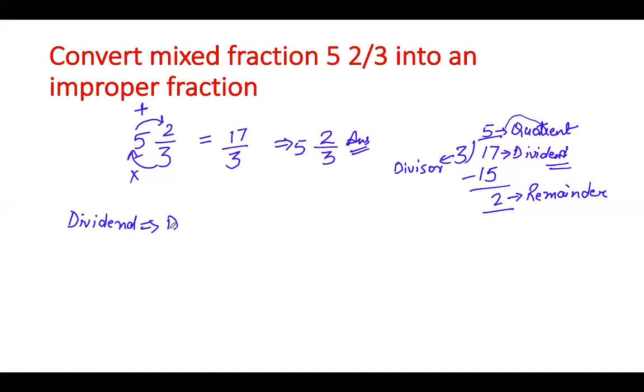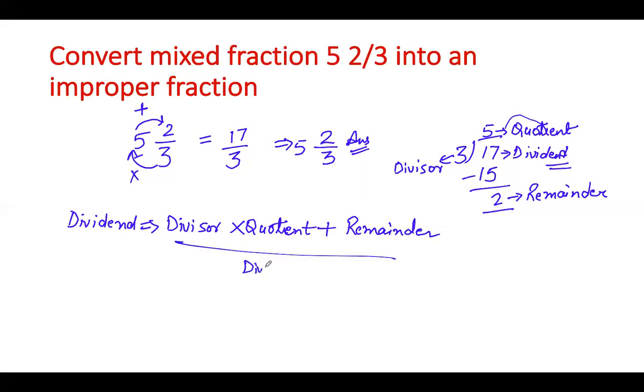Dividend equals divisor multiplied by quotient, add remainder, over the divisor, because the divisor remains the same throughout. So the divisor is 3 multiplied by the quotient 5, and the remainder is 2, and the divisor remains the same. 3 times 5 is 15, 15 add 2 is 17.